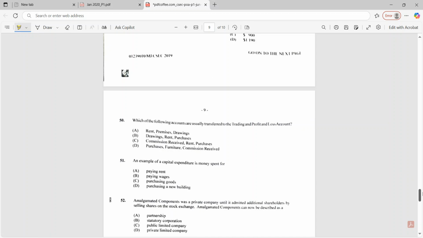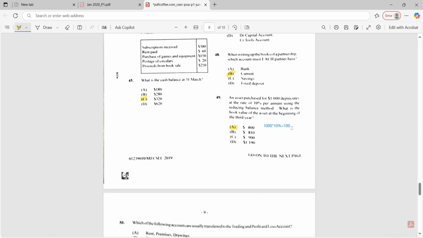Oh, there's a mistake that we just made. So it's the reducing balance method. The first year would have been $100. The second year, we're going to subtract that $100, so you're going to get 1,000 minus the $100 from the previous year, which would have given us 900. Then we find the depreciation we charge on the asset for the second year, which in this case is going to be $90.